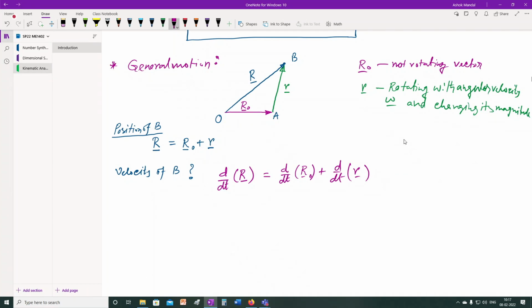Now let us find out first what this differentiation is. Can somebody tell me what I should write?